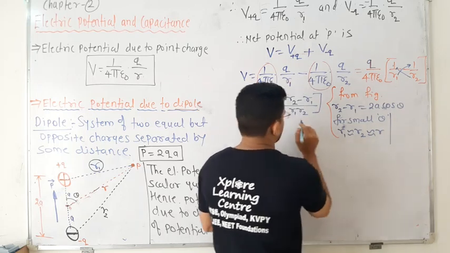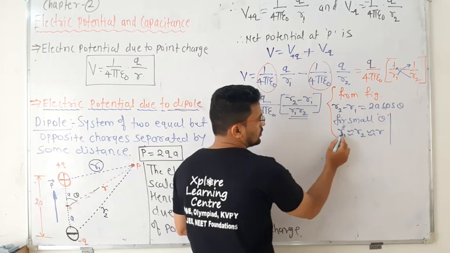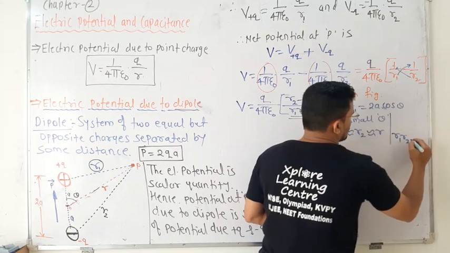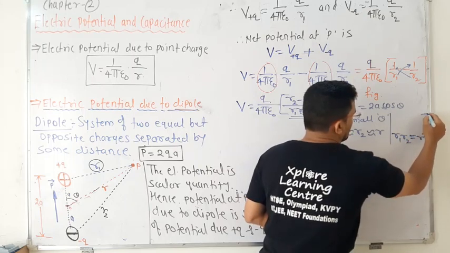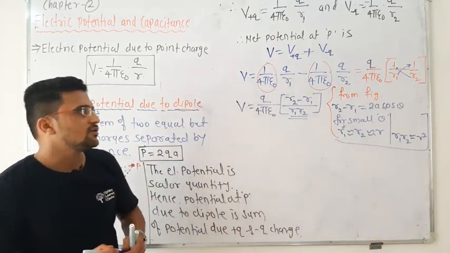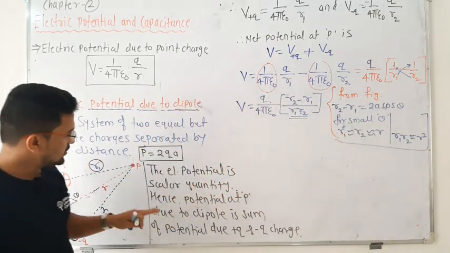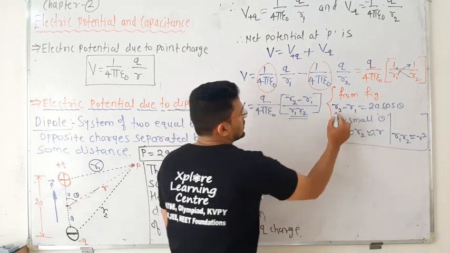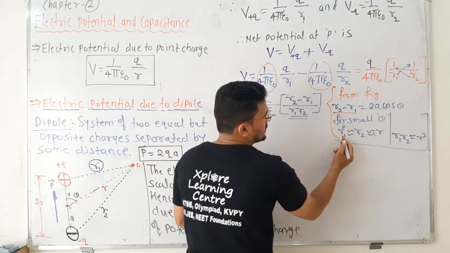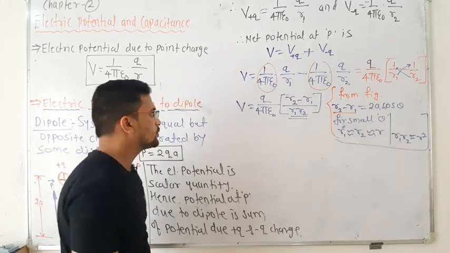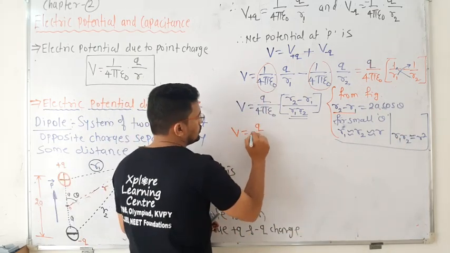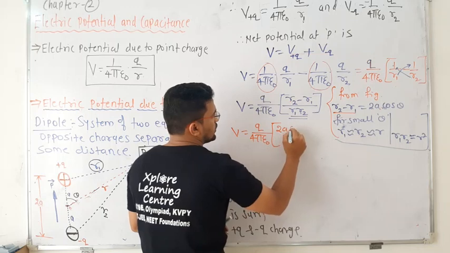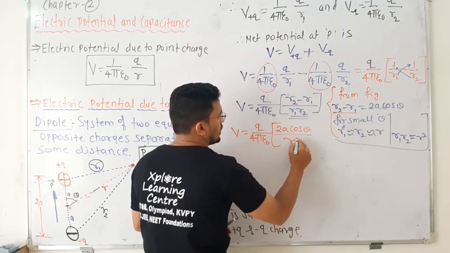Therefore r1 into r2, with r1 equal to r2 equal to r, becomes nearly equal to r square. So just replace this. How this came is not important; this is a little calculation part, so I skipped it. It is not required here. So simply, r2 minus r1 is equal to 2a cos theta, and r1 r2 is equal to r square. Just place it here, you will get q divided by 4 pi epsilon naught, 2a cos theta divided by r square.